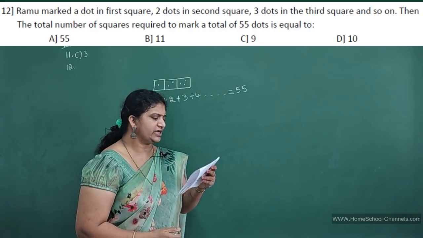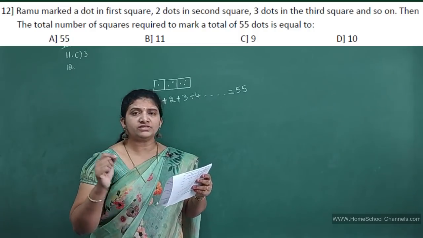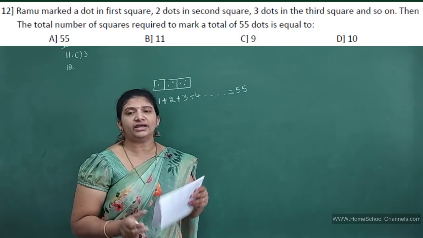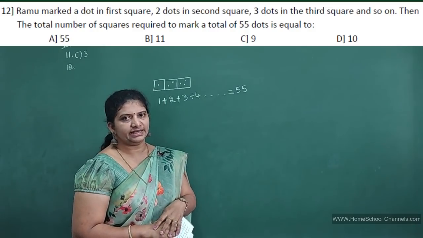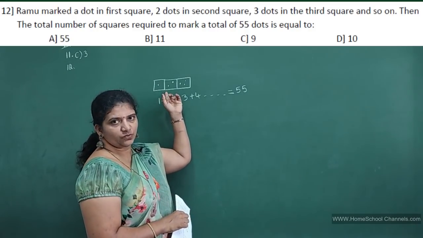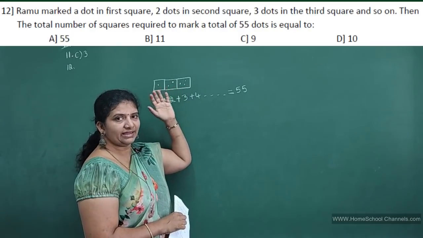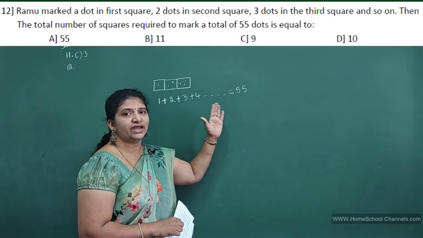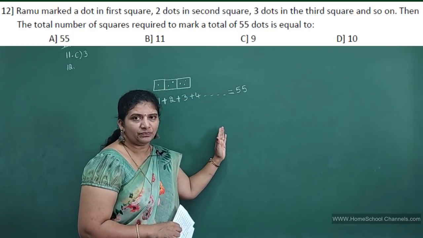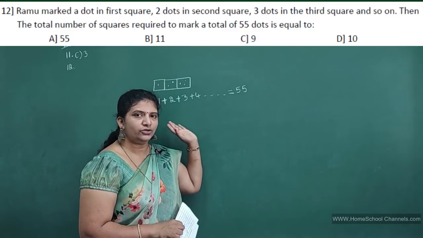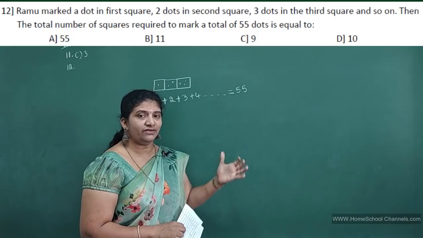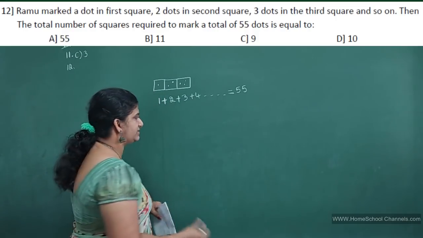What is your question? Find the total number of squares required to mark a total of 55 dots. Total number of squares needed. 1 first square, 2 second square, like this. We should be able to find the n value. Suppose n is 10, it means 10 squares are needed to mark 55 dots. Like that, we should find the n value first.